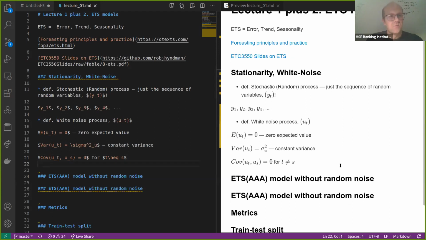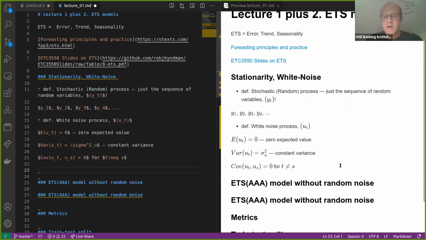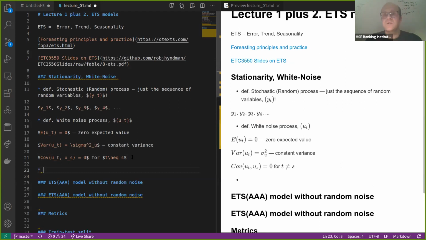Okay, let's move on. We have described just a sequence of random variables, the white noise process, and a more complex notion of stationarity. Stepan mentioned the notion of stationarity. There are two kinds of stationarity. First, let's discuss weak stationarity.